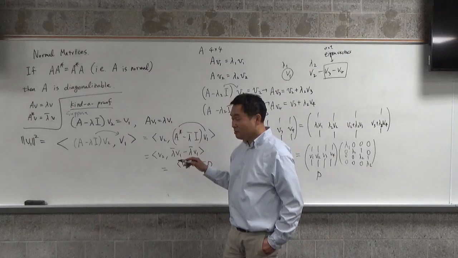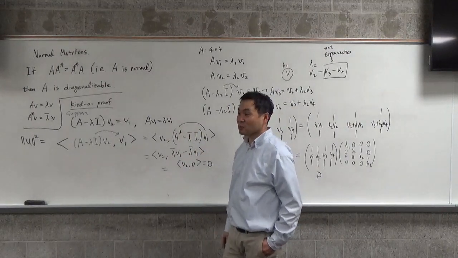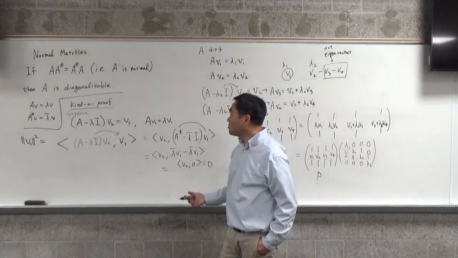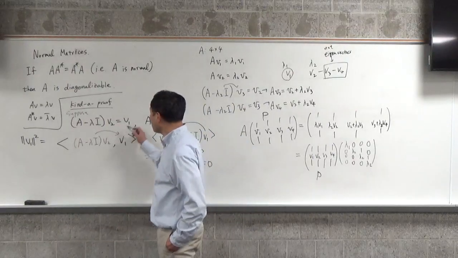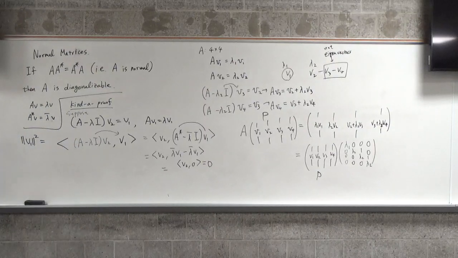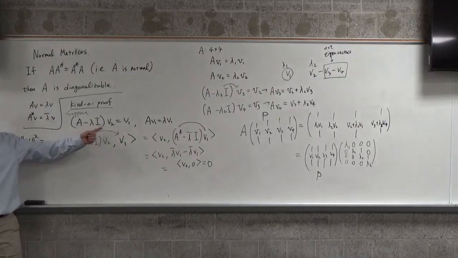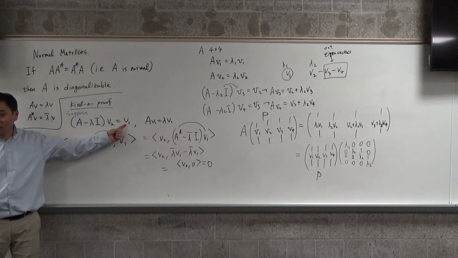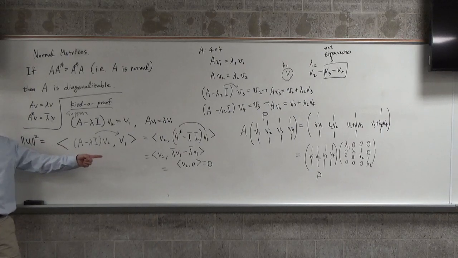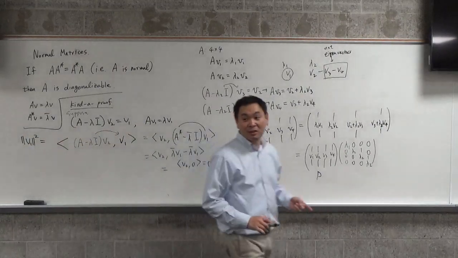Then V1 cannot be an eigenvector because the 0 vector is not considered an eigenvector. So what we arrived at is a contradiction. If we say that there was a generalized eigenvector with a non-zero eigenvector V1, then you get that the non-zero eigenvector's norm has to be 0, which is a contradiction. So no such generalized eigenvectors can appear.